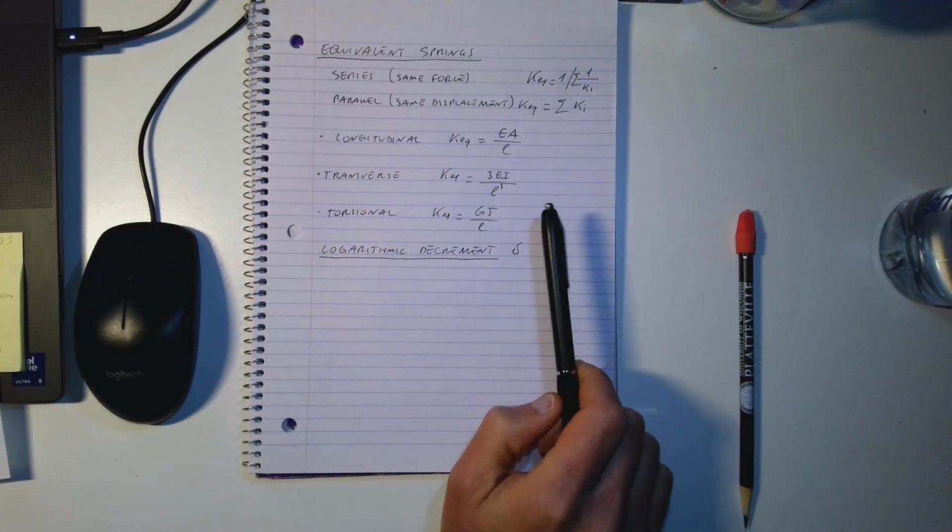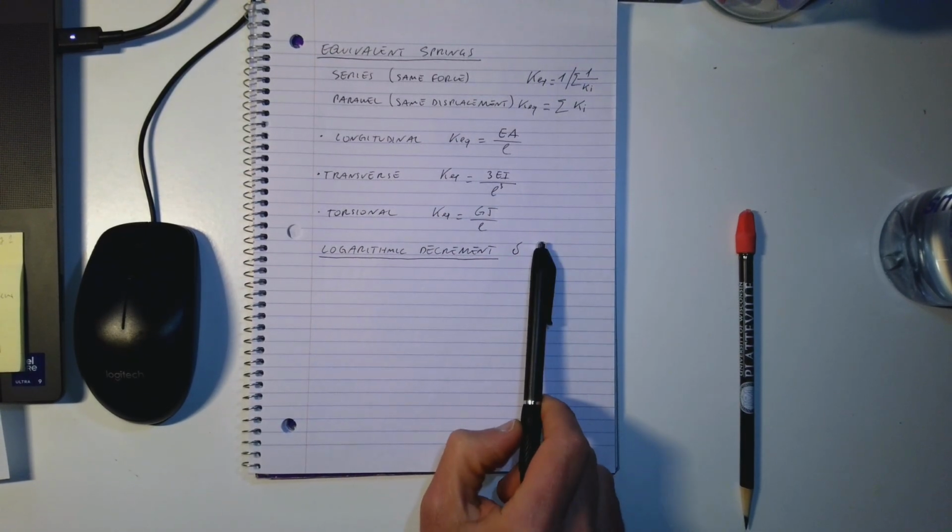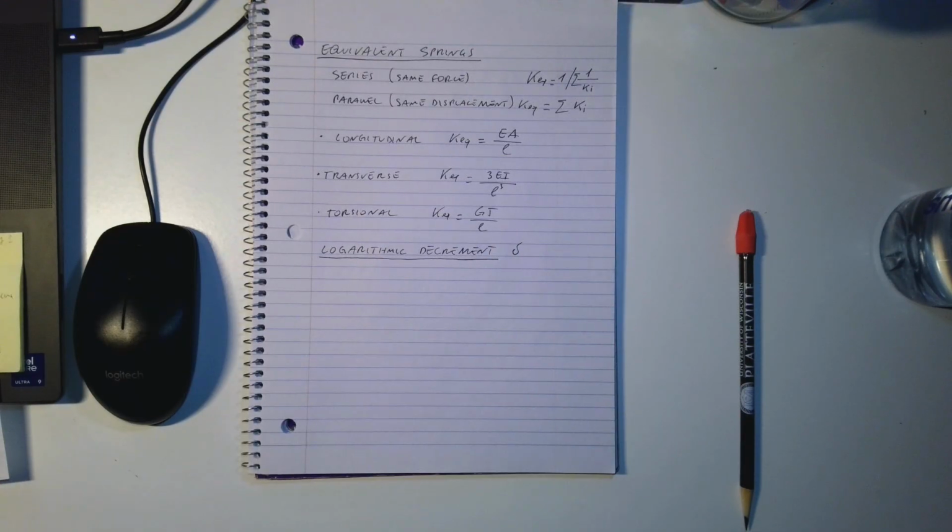If you remember, the logarithmic decrement is something that we use to determine the properties of a certain vibrating system, starting from the response. So far we saw the response starting from the properties, but we can also do the other way around. We can look at the response, and from the response we can determine the properties.